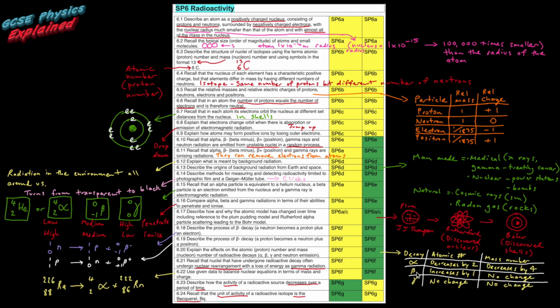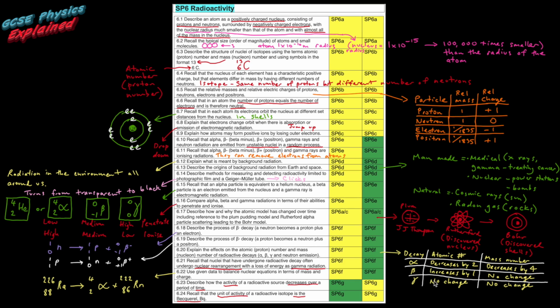Beta minus decay, the atomic number would increase by 1, and that's because a neutron is turned into a proton. The mass would be no change though, because remember, a neutron's got a mass of 1, but a proton's got a mass of 1 as well.